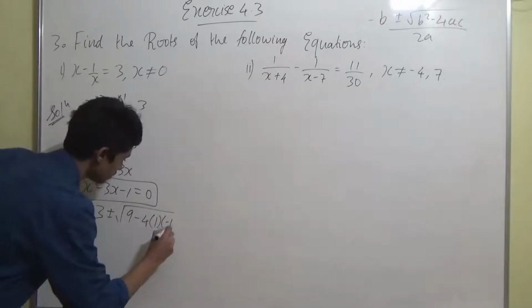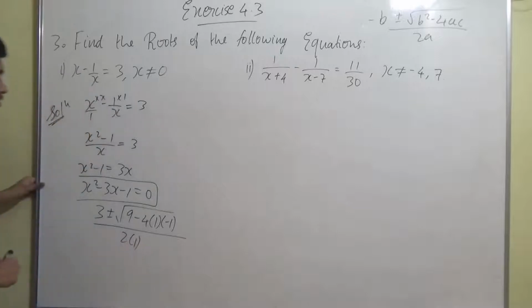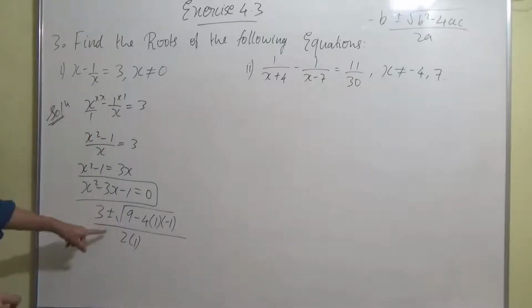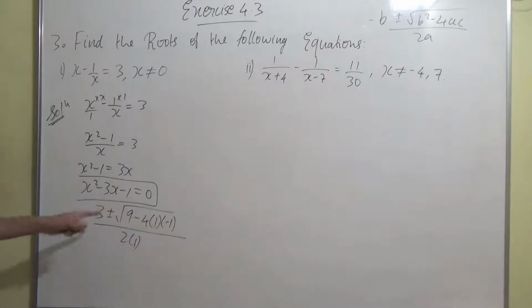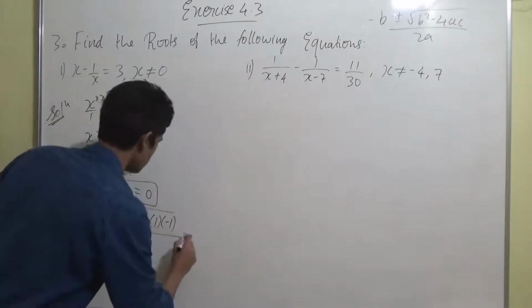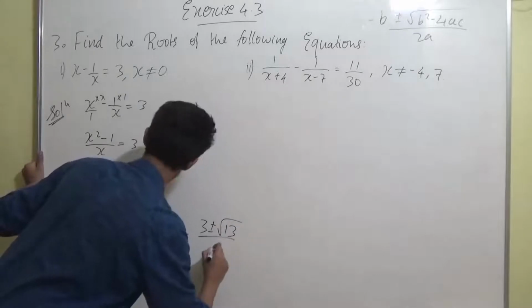A is 1 and c is minus 1, by 2a, 2 into 1. So this will become 3 plus or minus root of 9 plus 4, because minus and minus will become plus 4. It will become 3 plus or minus root of 13 by 2.